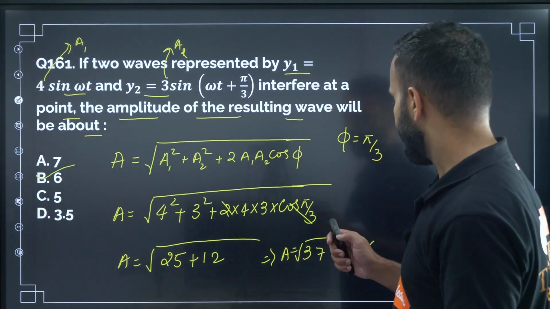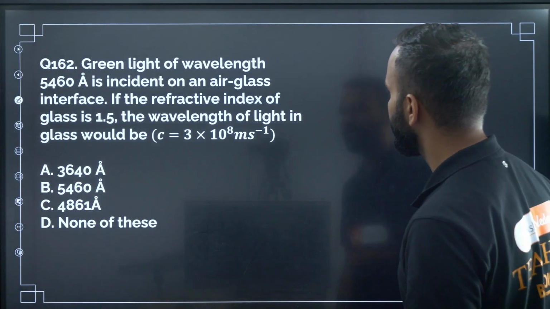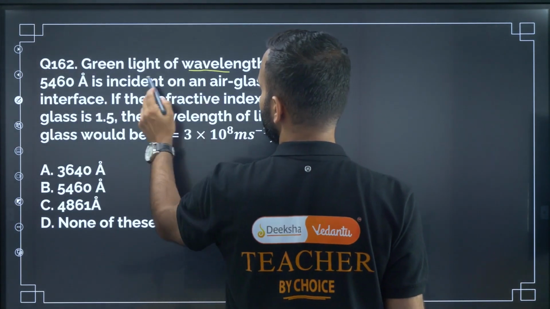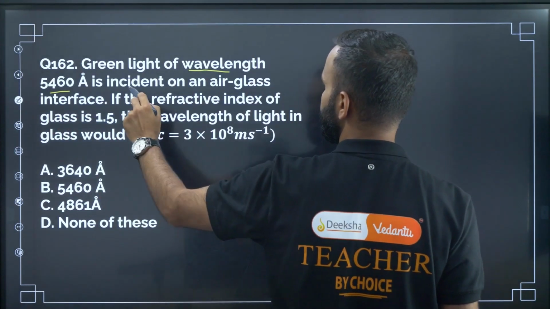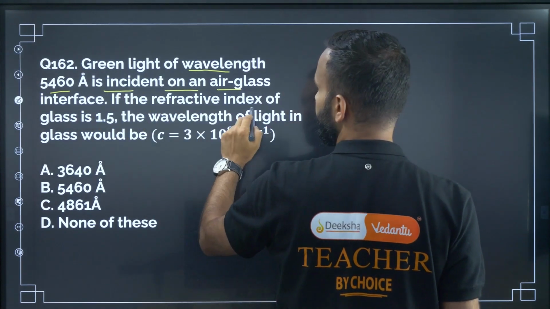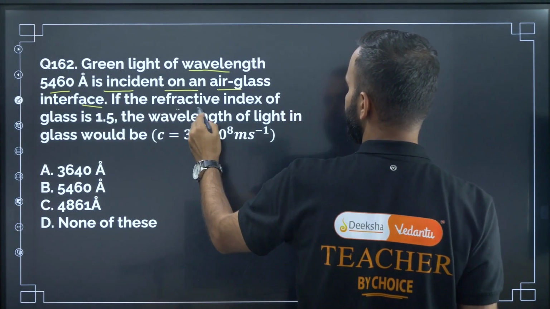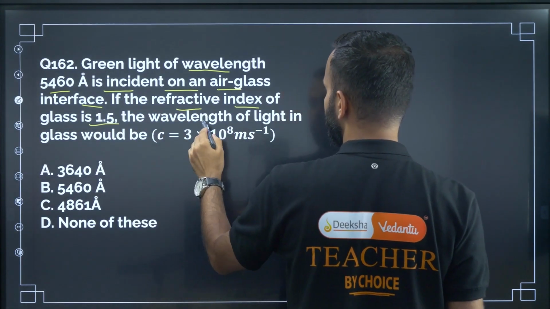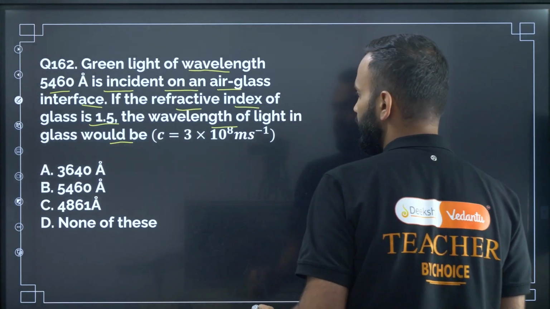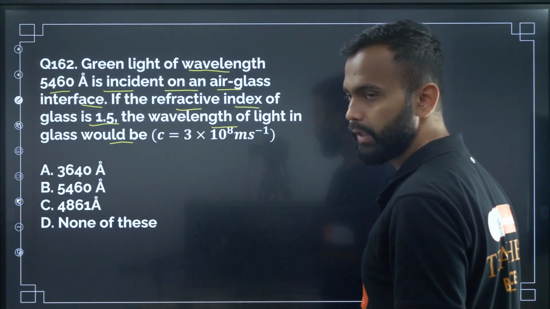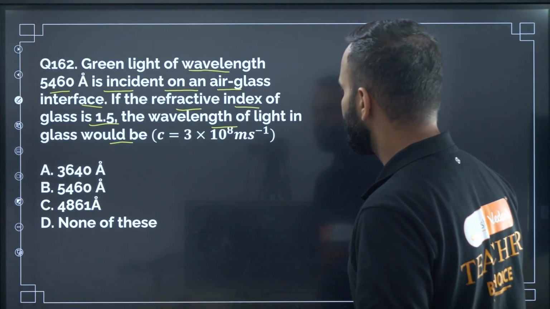Next question, question number 162. Green light of wavelength 5460 angstrom is incident on an air glass interface. If the refractive index of the glass is 1.5, the wavelength of the light in glass would be. The simple one. How to solve this?